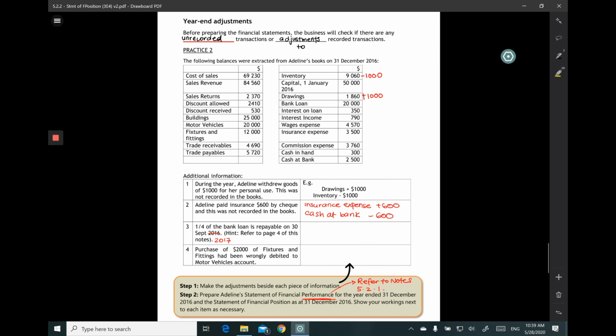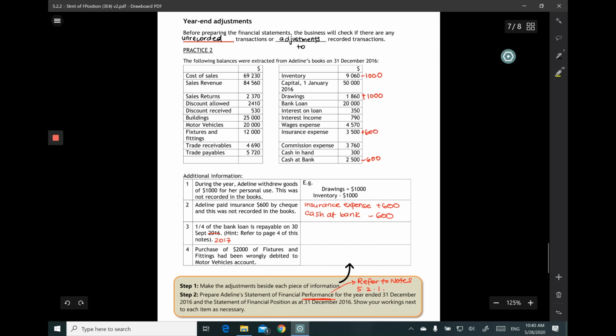Okay. Next, additional information 3. Oh, sorry. Before that, every time you think about the additional information, quickly update the balances. So cash at bank minus 600 and insurance expense plus 600.